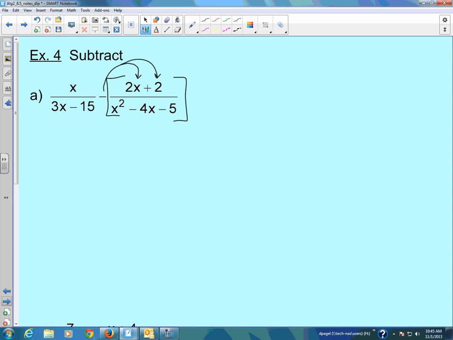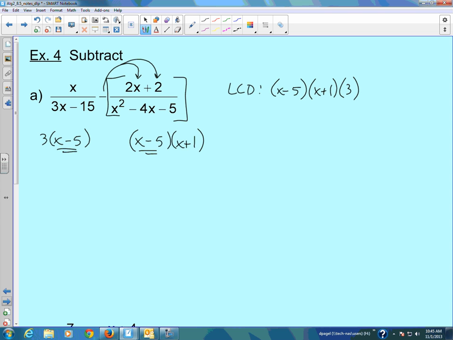All right, so LCD. Let's try the LCD on this one. Factoring it, we get a 3 times an x minus 5 for the first denominator. Factoring this, we get an x minus 5 and an x plus 1. So they have an x minus 5 in common. And then they have a 3 and an x plus 1 that's different. So there's your LCD.